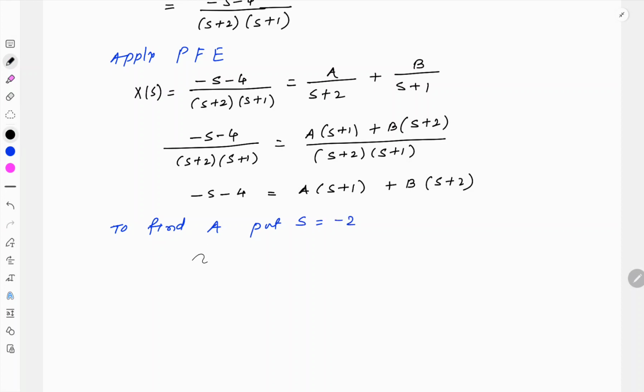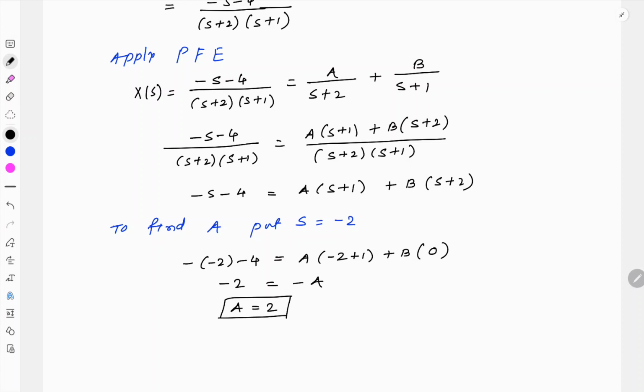So we get minus of minus 2 minus 4 equal to A into minus 2 plus 1 plus B into minus 2 plus 2 becomes 0. So here it is plus 2 minus 4, so answer is minus 2 equal to A into minus 2 plus 1 is minus A, so we get the value of A as 2.